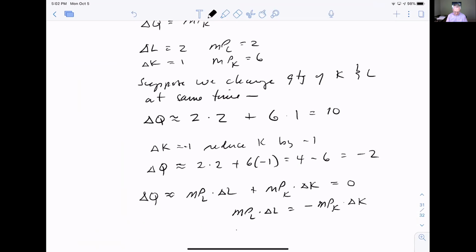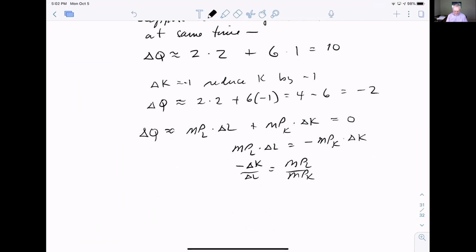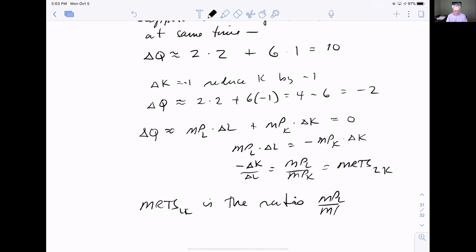So what this tells me is that minus delta K over delta L is equal to the marginal product of labor over the marginal product of capital. And this is then the marginal rate of technical substitution of labor for capital. So the MRTS of labor for capital is the ratio, marginal product of labor over marginal product of capital.